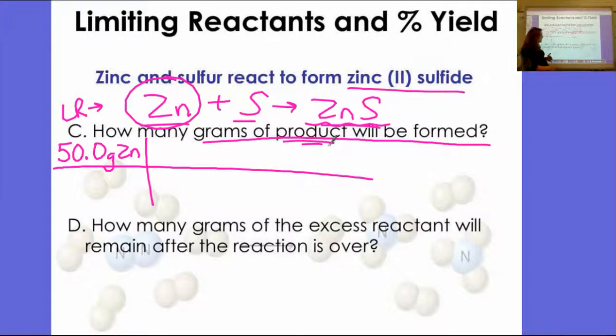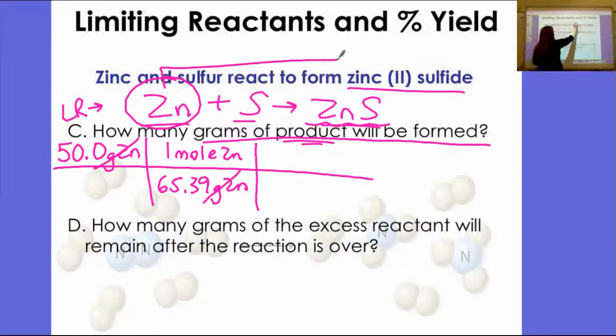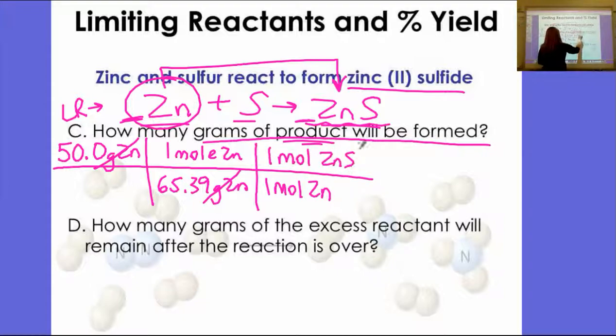50 grams of zinc. This is going to look very similar to the last one. I need my molar mass of zinc, which was 65.39 grams in 1 mole. Grams cancel. I'm converting, but it's again very nice because my ratio is 1-to-1. 1 mole of zinc is 1 mole of zinc sulfide.